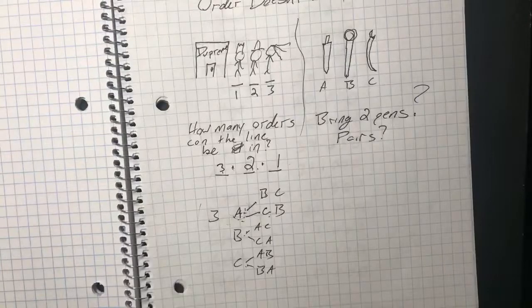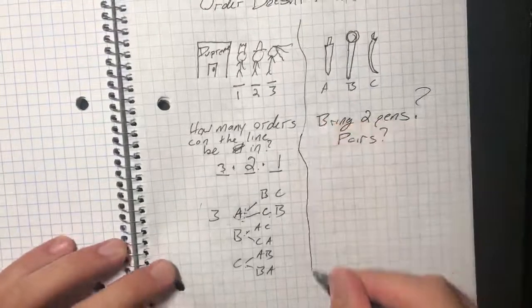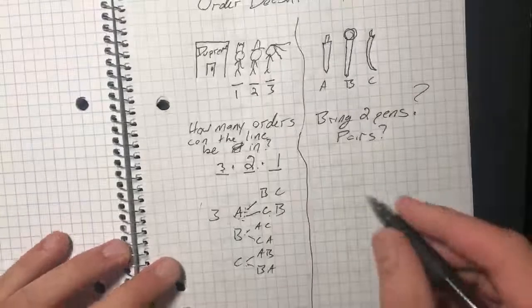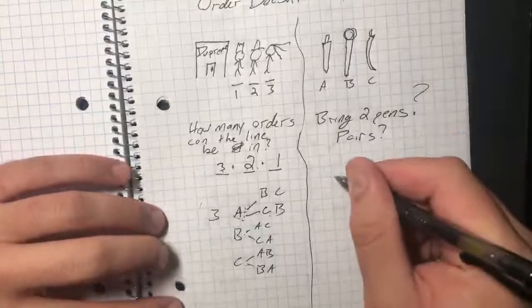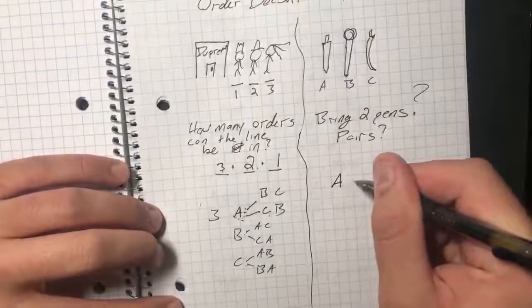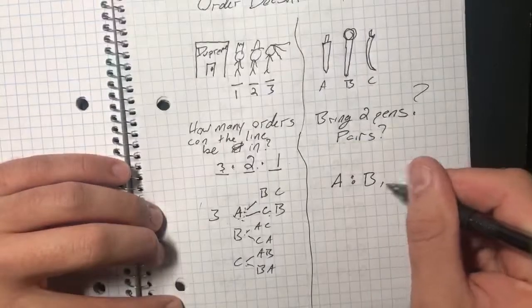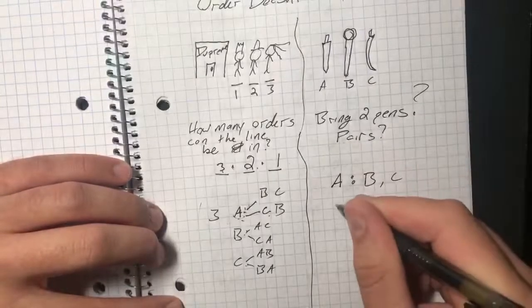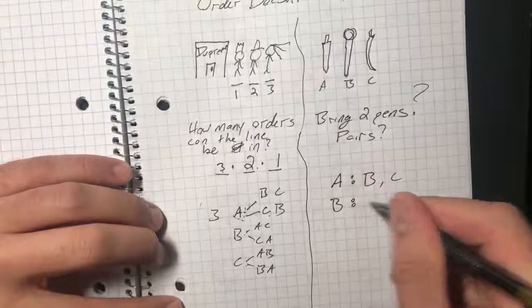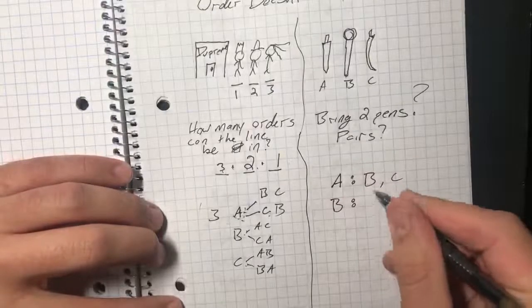Yeah, so this is going to be slightly different, and that's why I want to make a distinction in here. So for this one, if we start with A, we could potentially also have B, or we could have C. If we have B, now we can't put A here.